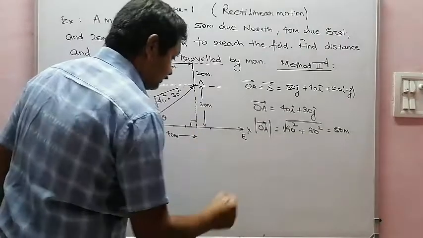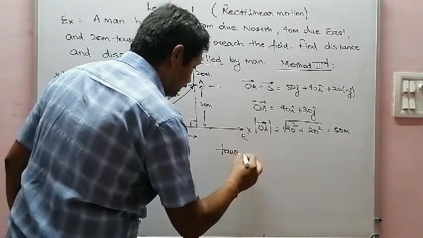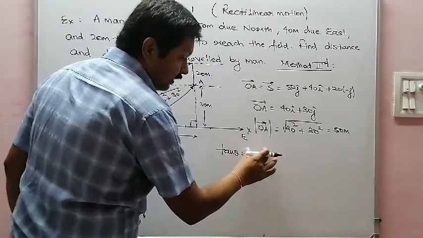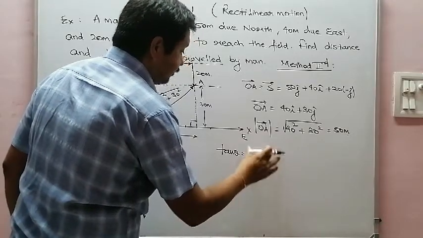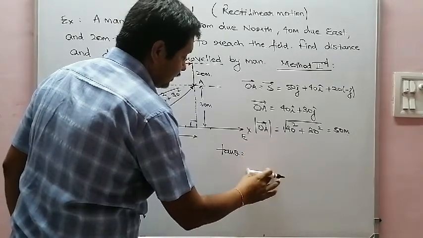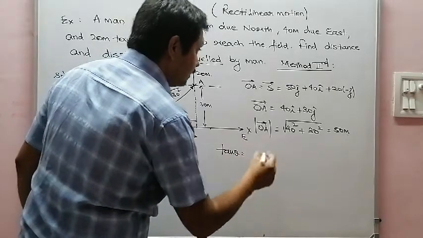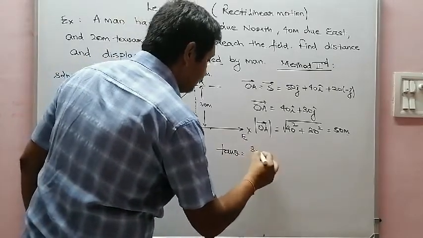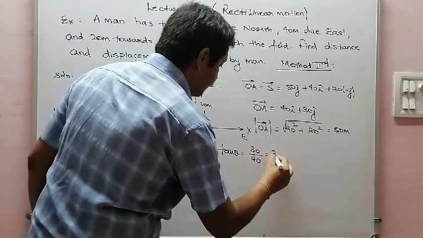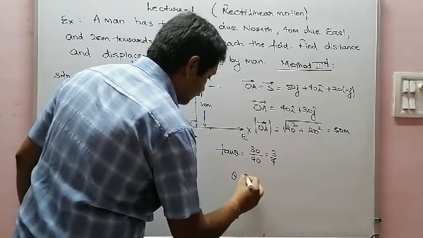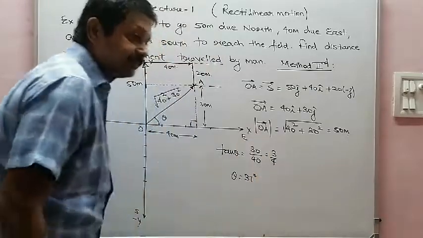Now direction, tan theta is the magnitude of the y component upon the magnitude of the x component. When we take the y component upon the x component, the angle is always made with the x axis. So it becomes 30 by 40, that is 3 by 4, so theta becomes 37 degree.